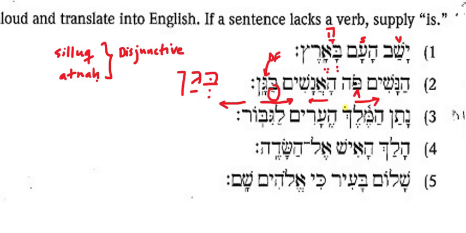This is what's called pausal lengthening. With these strong disjunctive accent marks, there's a heavy pause there, and it can cause the vowel, if it's short, to lengthen and become long. Okay, we saw melech did that. Melech became malek in a few places because of the siluk. Okay, good.